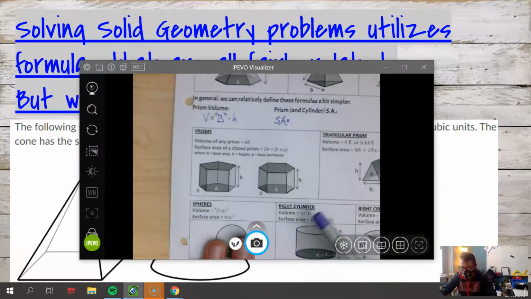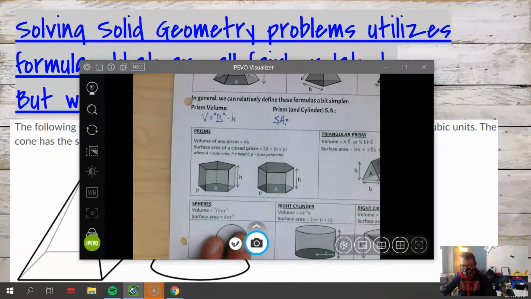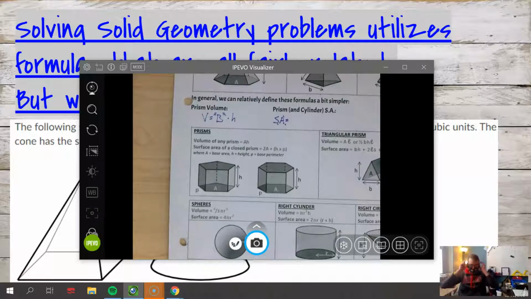What's one characteristic that always has to be true in a prism or a cylinder? Prisms and cylinders always have 2 of what? Prisms and cylinders always have what in common?